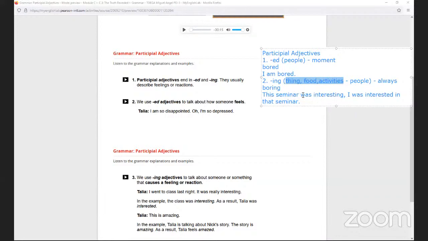For example, this seminar was interested. Okay, so in speaking, we don't notice the difference, right? But the correct way is always with -ing, because the situation or maybe the food, we can't change it, okay? But when we talk about mood in people, we can change it. That's why we use -ed.